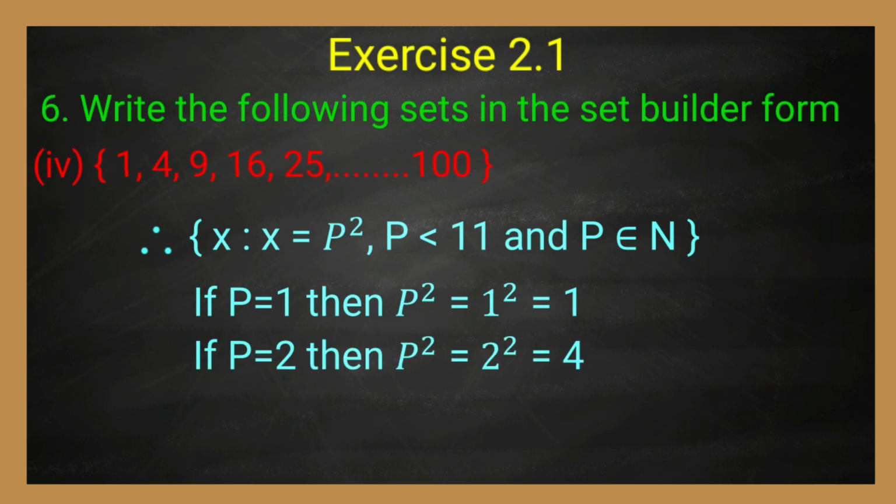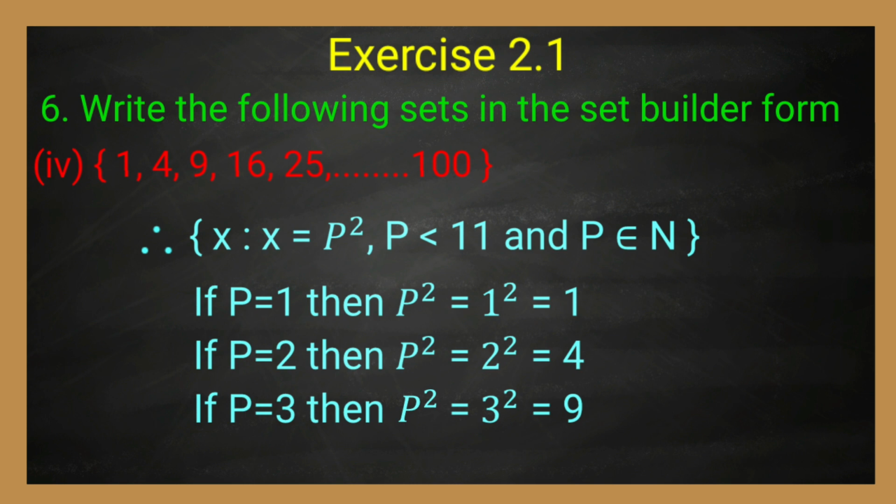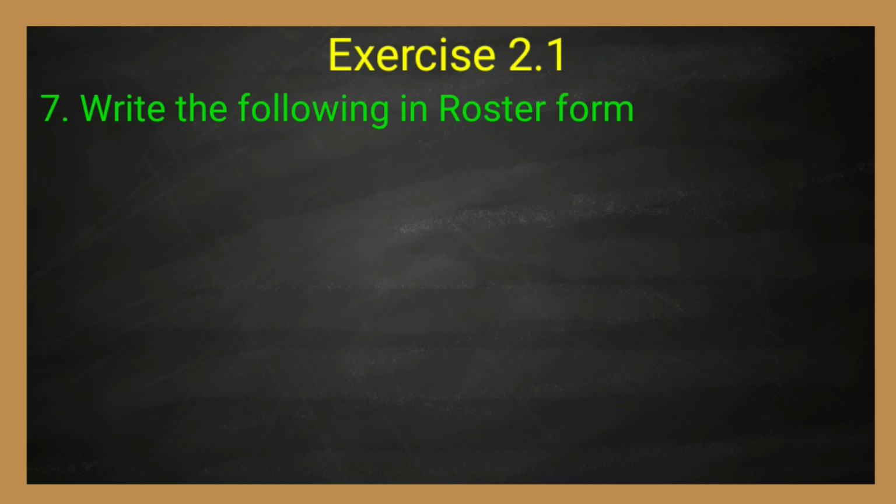If p equals 2, then p square equals 2 square, that is 2 into 2 equals 4. If p equals 3, then p square equals 3 square, that is 3 into 3, that equals 9. So like this, if you give the p values, you will get the p square values. They are the elements of the set. Therefore, our answer.